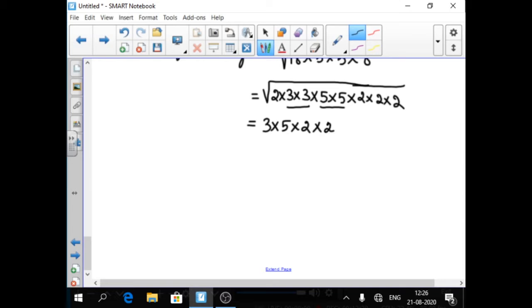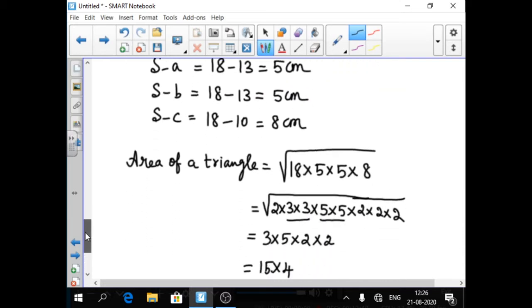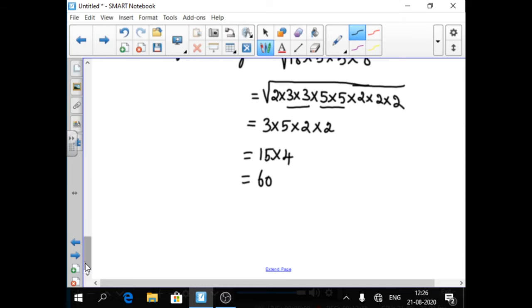Because here in the root we have four 2s, for each two terms we can take out one term. So what do you get as the answer, 3 into 5 is 15, 15 into 2 2s are 4, 15 into 4 you will get 60. Here the unit we are using is centimeter, so that means the area unit is centimeter square.